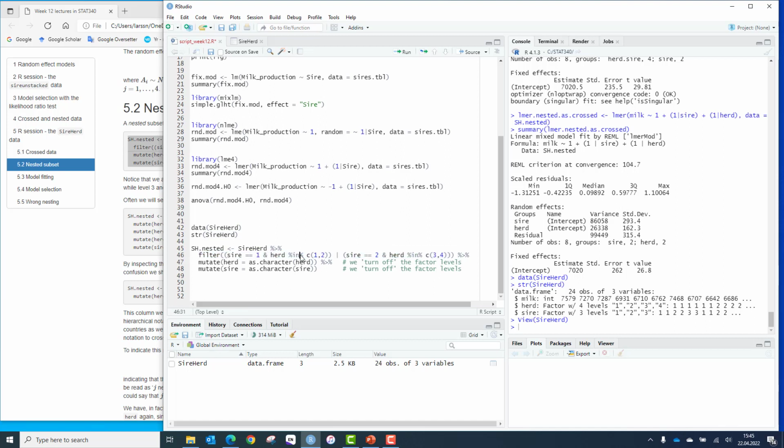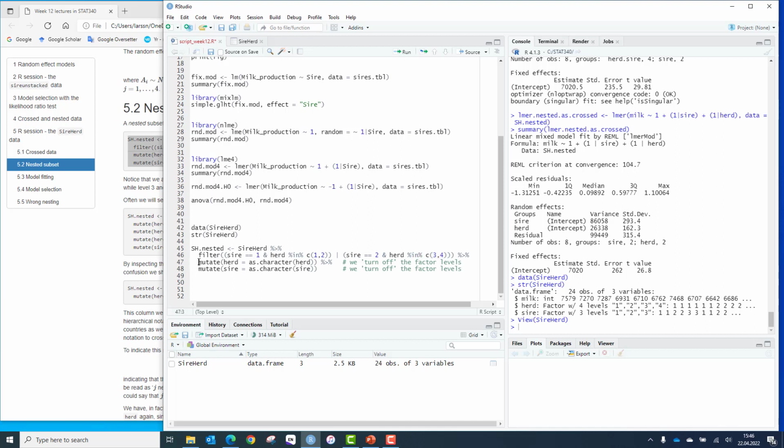Notice I want the rows where sire equals 1 and herd is either 1 or 2, or sire equals 2 and herd is either 3 or 4. So this gives me nested data.